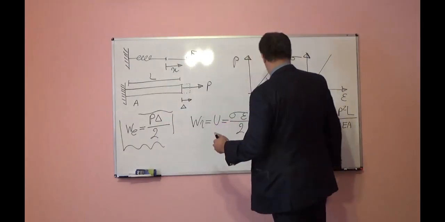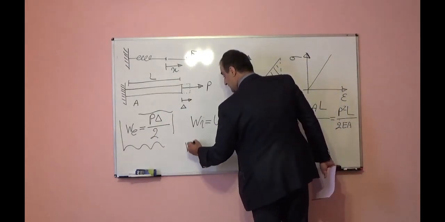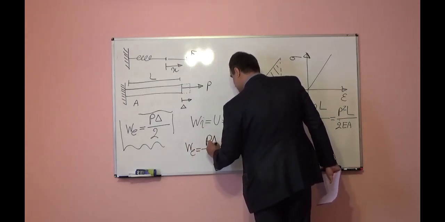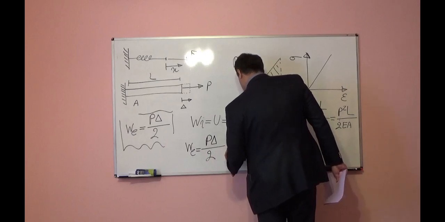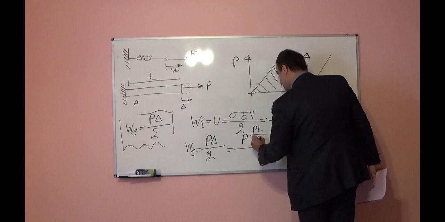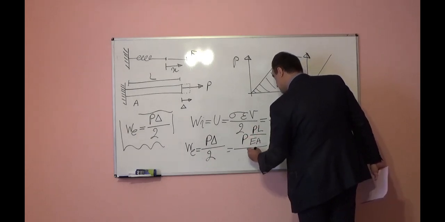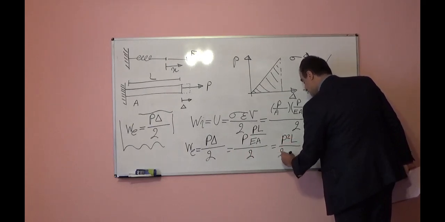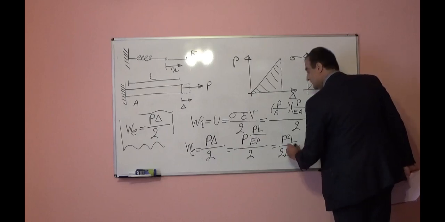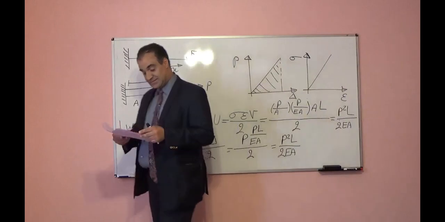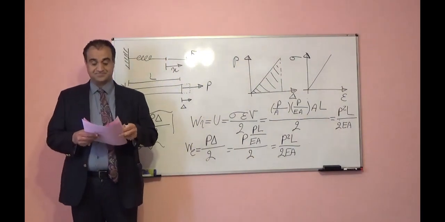What is the external work? External work is P times delta divided by 2, P times delta, which is P L over EA over 2. That will be equal to P squared L over 2EA. You see, external work should be equal to internal work.